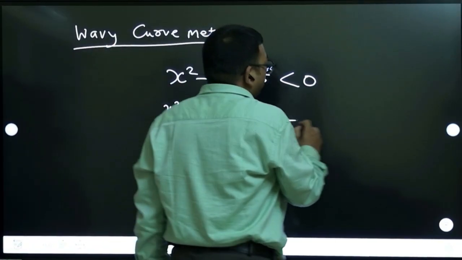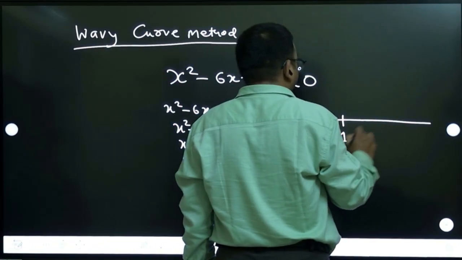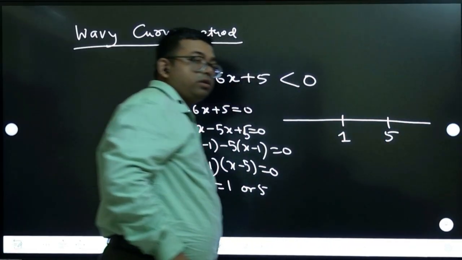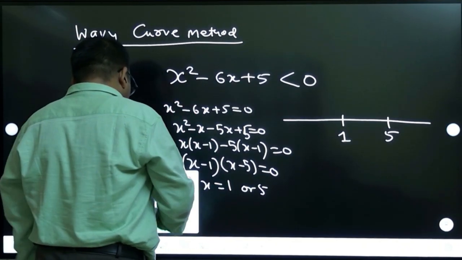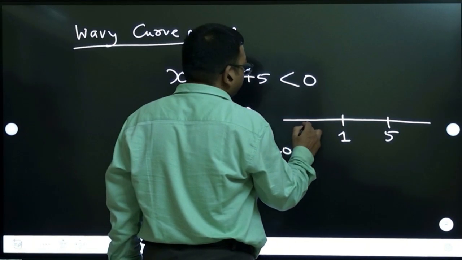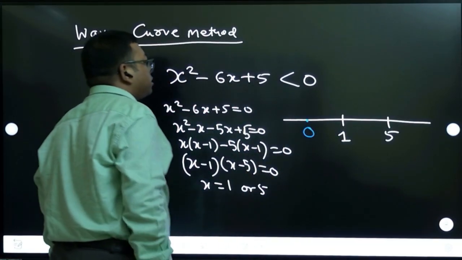So we can represent these, 1 and 5, on a number line. First you represent the number line. Then how do we check the sign? Suppose I take the value 0, which lies on this side.